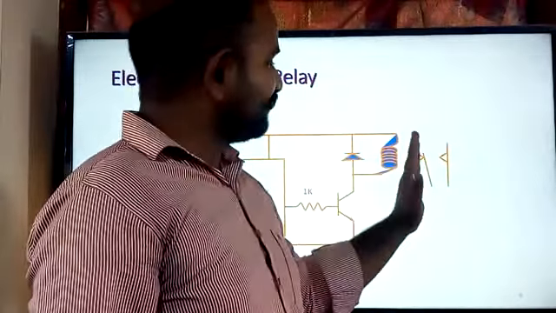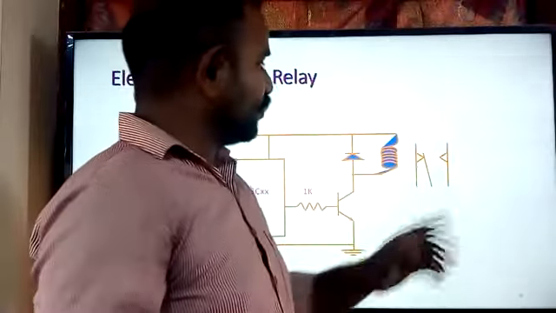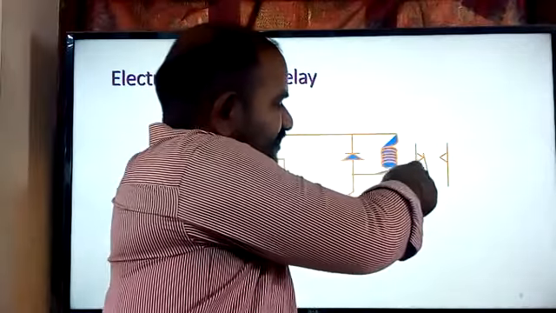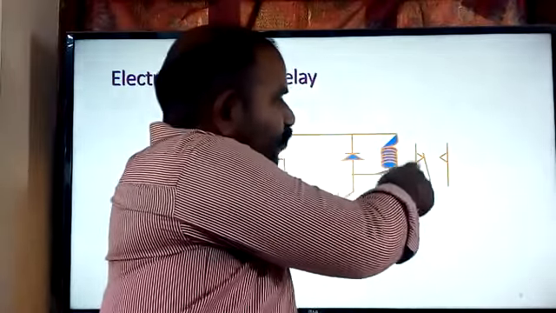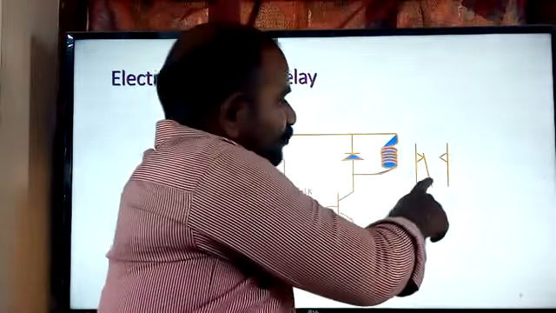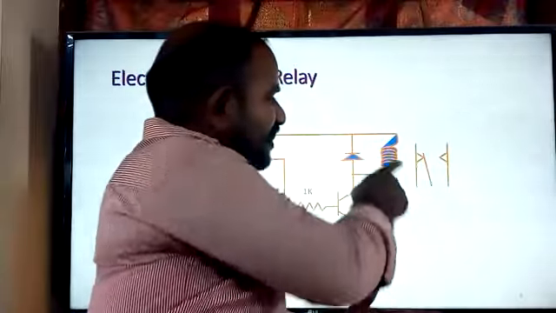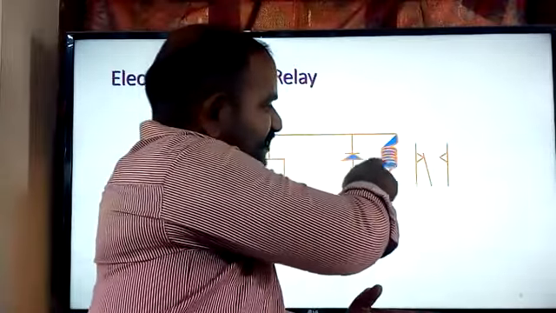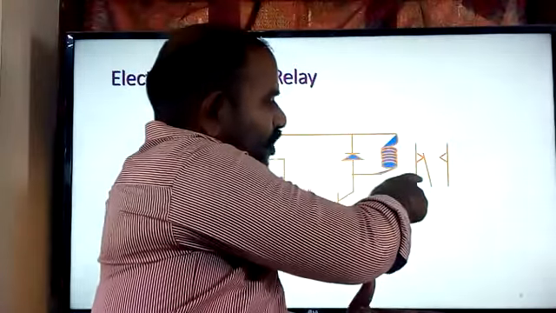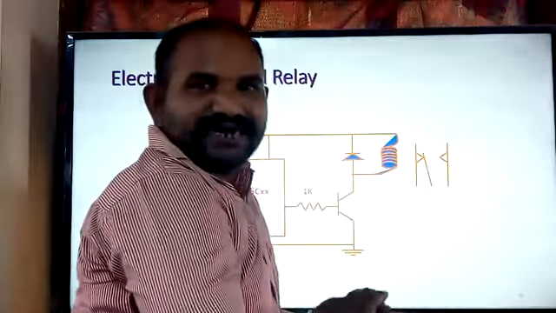Depending on the induced EMF generated in this terminal, this needle is going to move towards the right side. It may move to the left side or to the right side. I am assuming that when the electromagnetic field is generated in this coil, it is induced in this coil, so the needle is going to move towards the right side terminal.